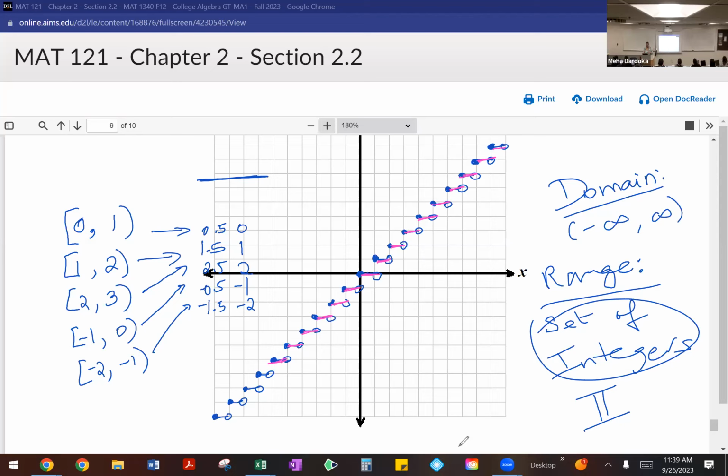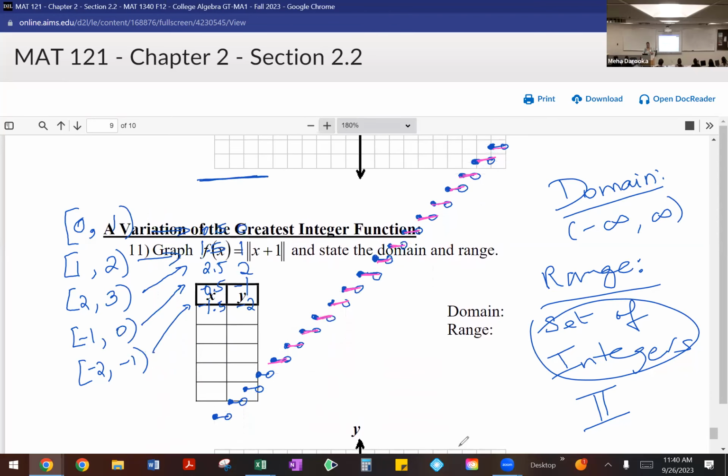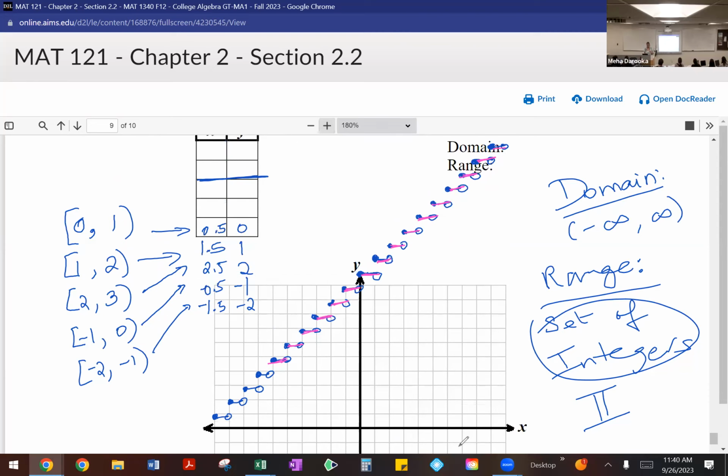But now you know. Alrighty, so this is your greatest integer function, which is a piecewise function, but you can see it works a little differently than the shipping and handling function, so it has a slightly different look to it. There's another example that I have included here. This one shows what happens if you add 1 to that greatest integer function, and how it's going to change your calculation.